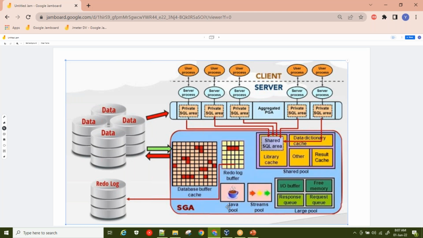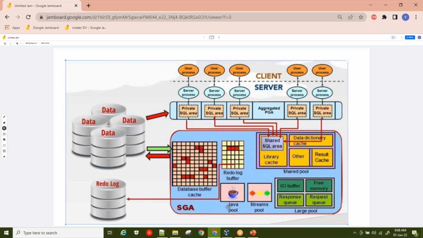This architecture focuses on that, giving a simple overview of a database architecture, especially about the memory. Most of the time, queries take more time when the memory operations are not performing well, so we need to understand how these memory operations work.